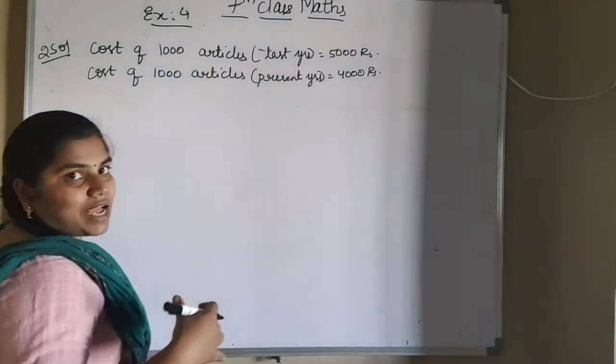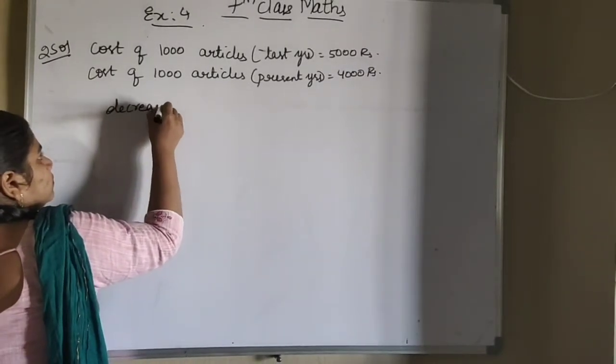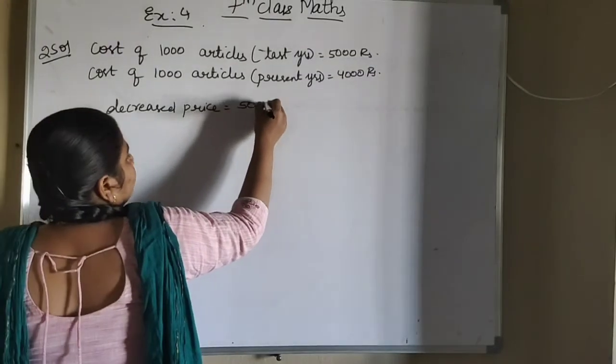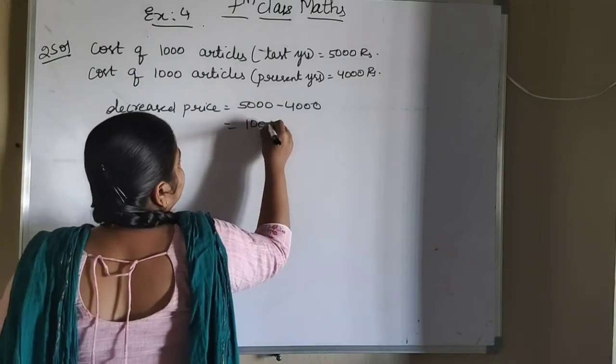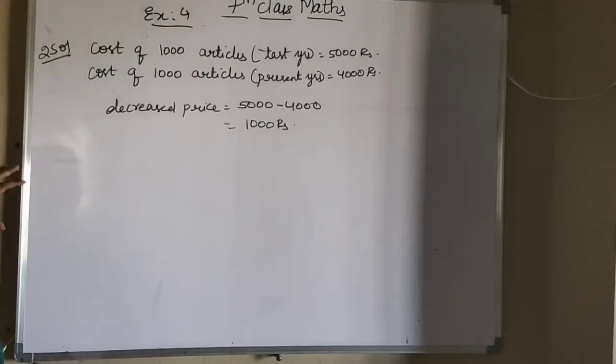So by how much has it decreased? Decreased price is equal to 5000 minus 4000, that is equal to how much? 1000 rupees. So it has decreased by 1000 rupees.